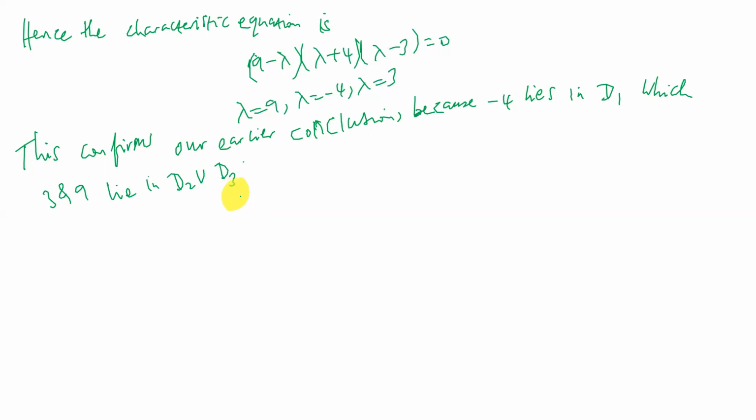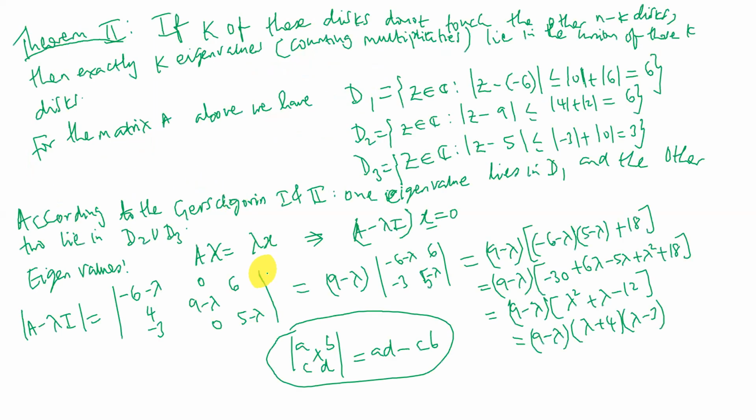Right, so first things first, we realize that we have these Gershgorin circles, and this disk here is the modulus of z plus 6 less or equal to 6, and therefore it's a disk centered at minus 6 of radius 6.